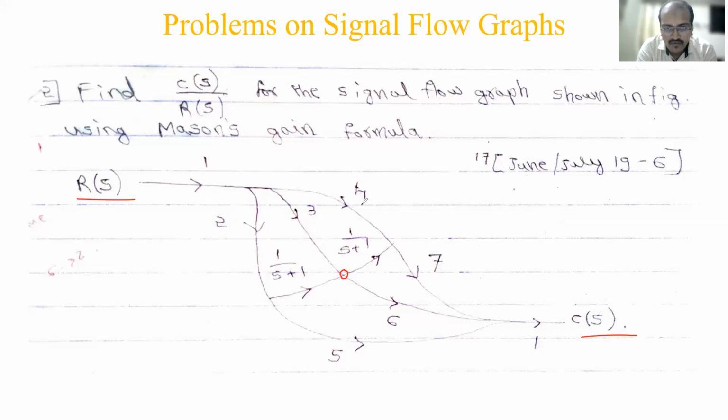The difference from the previous problem is that here you have numbers. There is no GH here. There are numbers and there are S functions. Identify the loops, and the 2 non-touching loops.